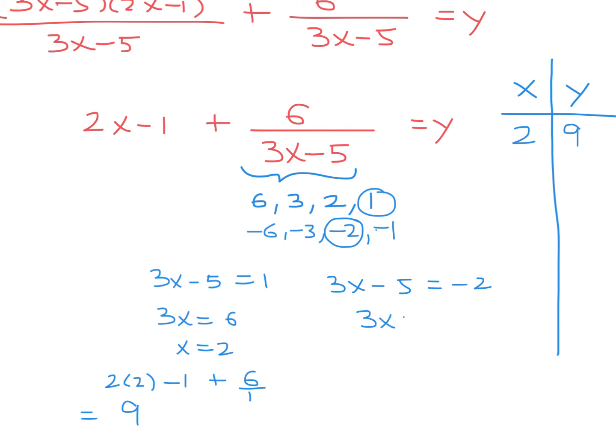And that gives me 3x is equal to -2 plus 5, which is 3, and therefore x is 1. And then when you sub it back into this equation to get a value of y, it'll be 2 times 1 minus 1 plus 6 over -2. And that's what? 1 minus 3, which is -2. So there you go. Those are my only pairs: (2, 9) and (1, -2).